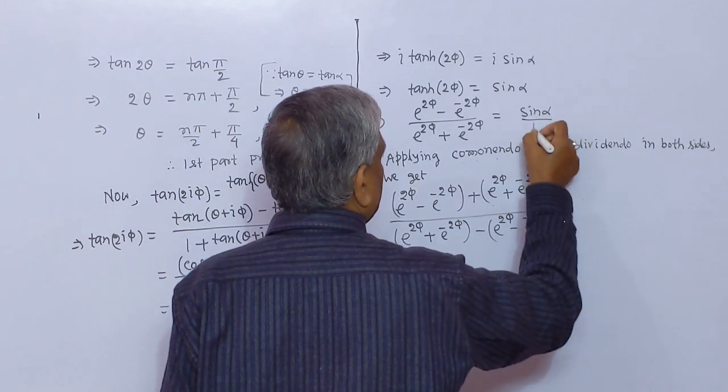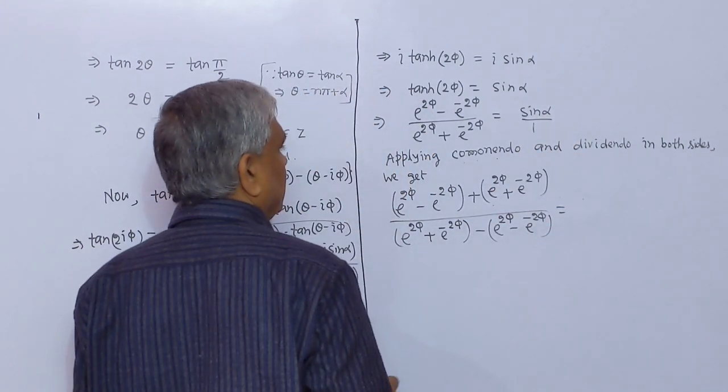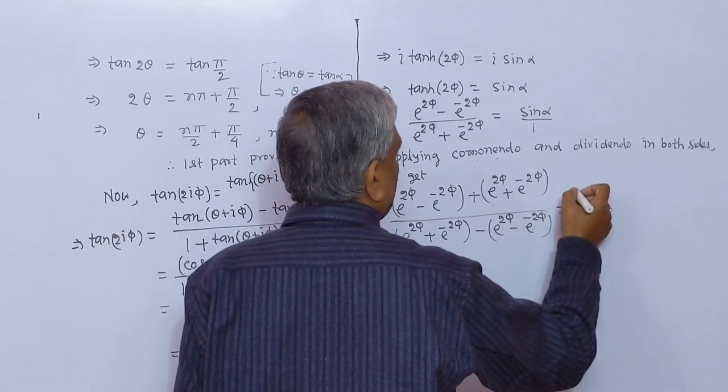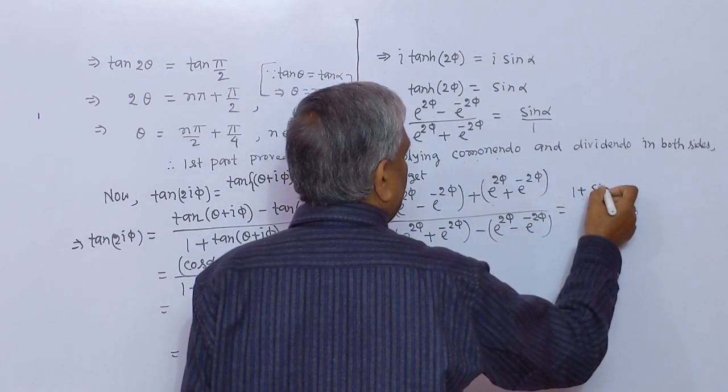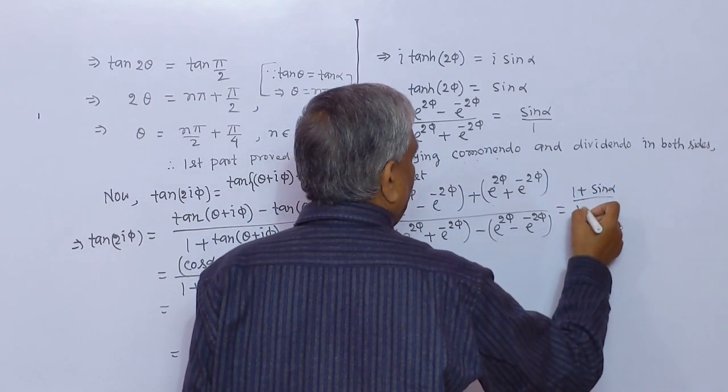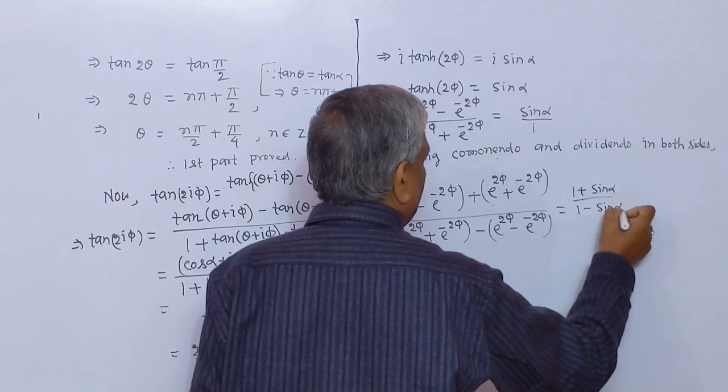Here we have denominator 1. So 1 plus sin alpha by 1 minus sin alpha.